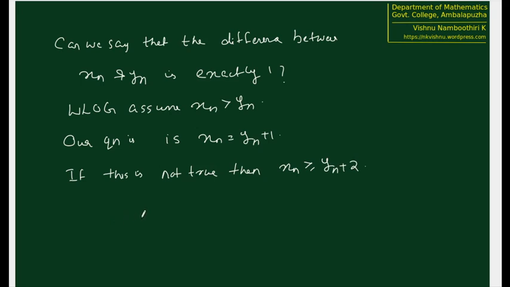So xn can be equal to yn plus 2 or yn plus 3, etc. All these possibilities are there, if we assume that it is not equal to yn plus 1.